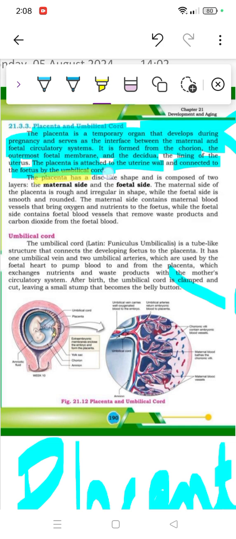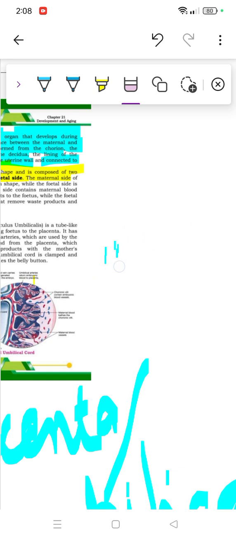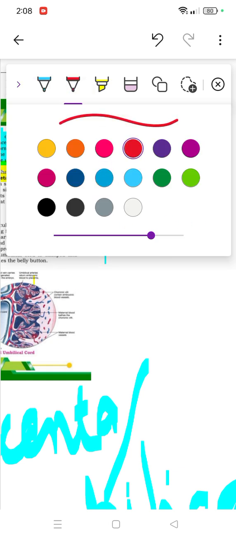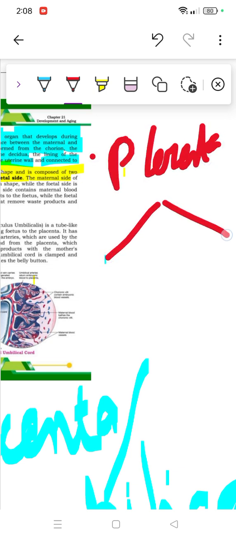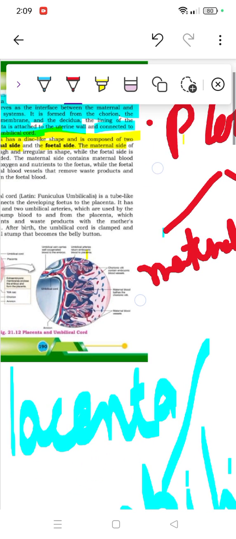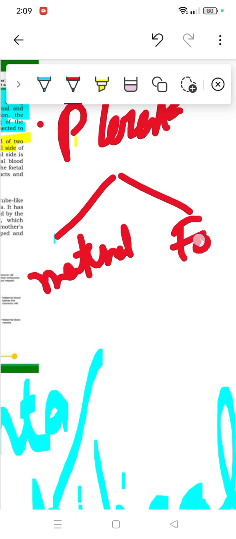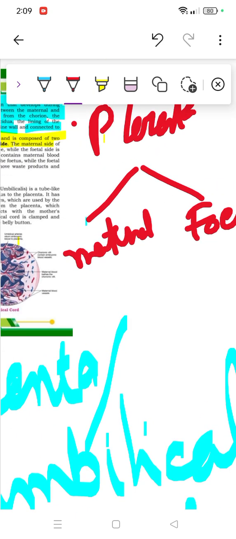Then we have the placenta, which is disc-like in shape and composed of two layers. Yes, this placenta has two layers, the maternal side and the fetal side. What would be in these?